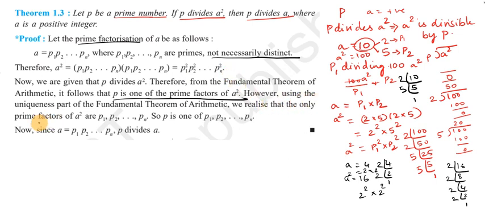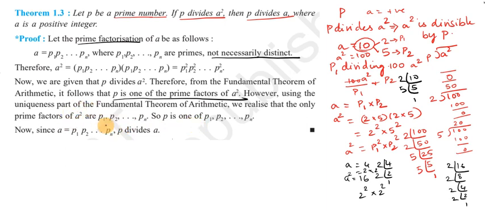However, we use the uniqueness part of the fundamental theorem of arithmetic. What is this uniqueness part? This factorization is unique, apart from the order. So it is unique that the only prime factors of A square are P1, P2 till Pn.